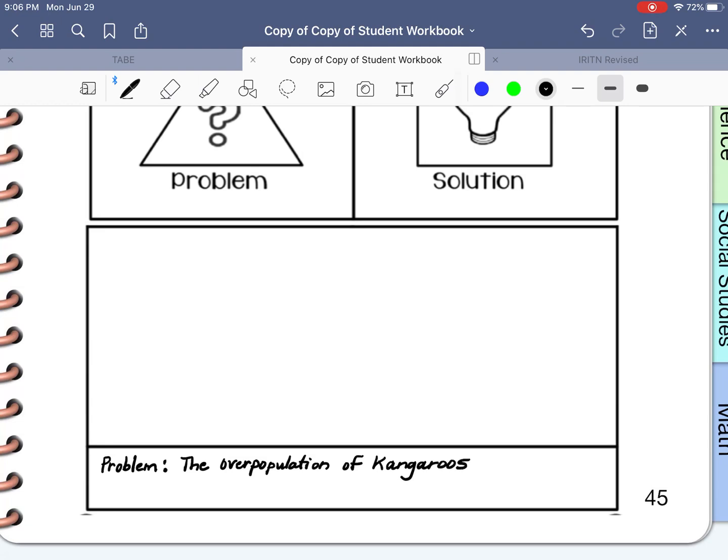Okay, or really, I said this is our main idea. This is essentially our topic. This passage, this paragraph, is about too many of these kangaroos. So that's the problem that we're looking at.